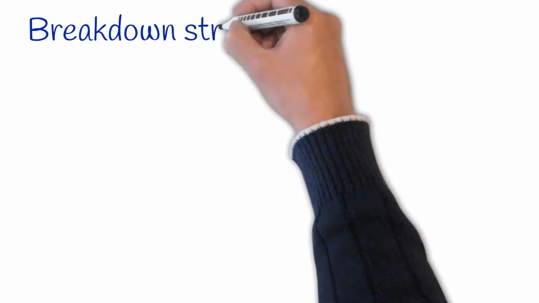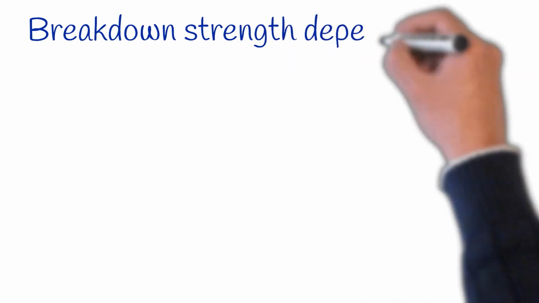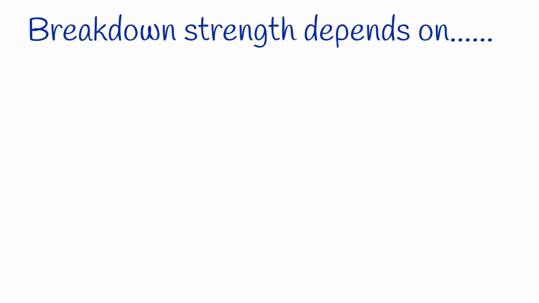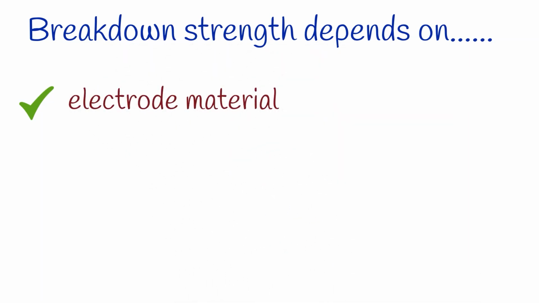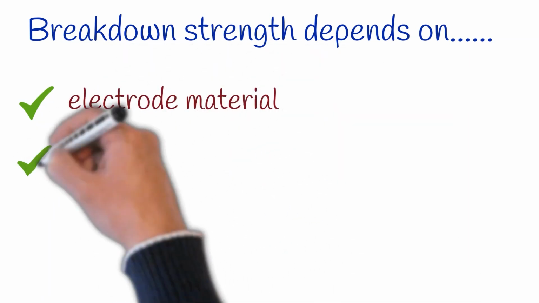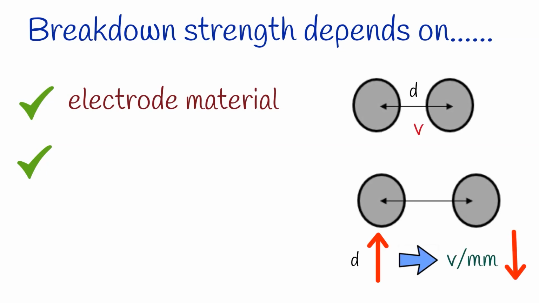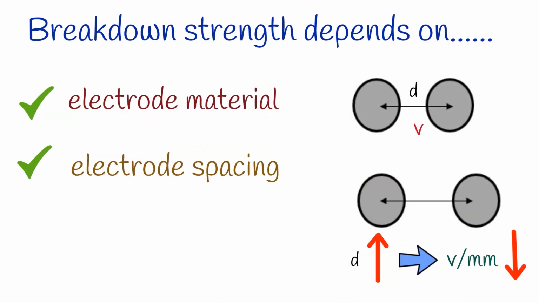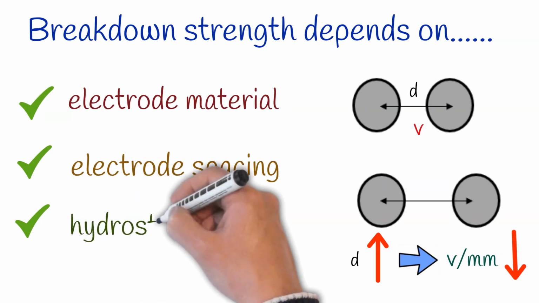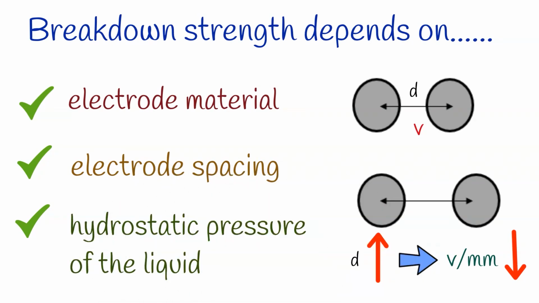When the previous test is performed on this type of liquids, we can observe that first, the breakdown strength has a small but definite dependence on electrode material. Second, breakdown strength decreases with the increase in electrode spacing. Third, breakdown strength depends on the hydrostatic pressure of the liquid only when they contain dissolved gases like nitrogen or oxygen.